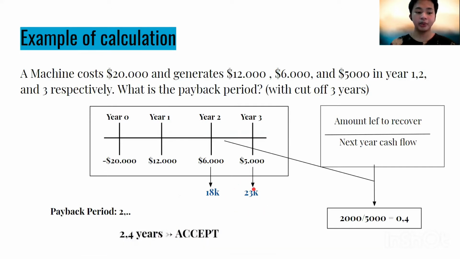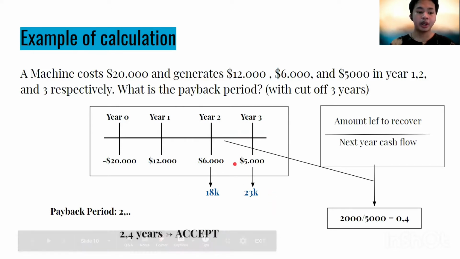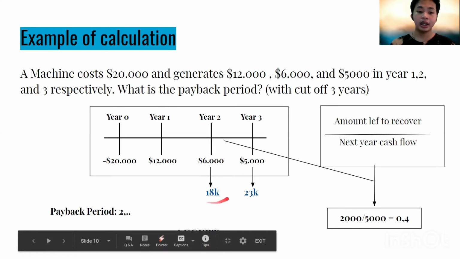So by year three, we have recovered $20,000. But we have to remember that we have recovered only $20,000, and that's in between $18,000 and $23,000.